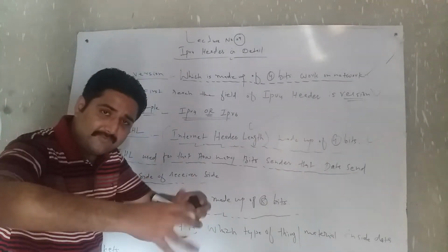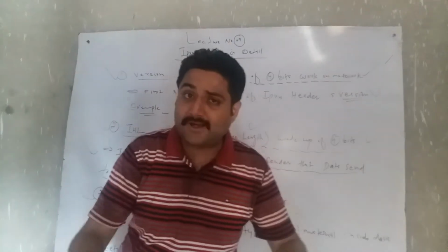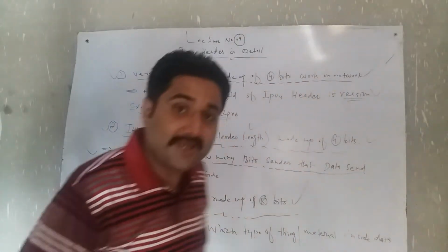Good. Next term is TOS, whose full form is Type of Service. How many bits is it made up of? It is made up of 8 bits. You have to keep in your mind, guys, 8 bits.